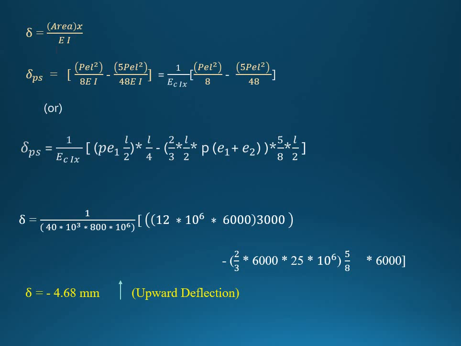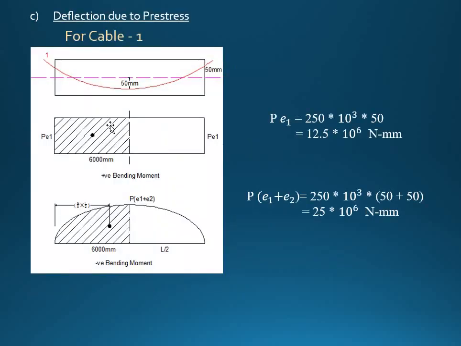Here you can see the standard formula for deflection due to pre-stress is area into centroidal distance by EI, where I have written two formulas here, that is PE L square by 8 EI minus 5 PE L square by 48 EI. This first one is a general formula for a cable or this rectangular section.